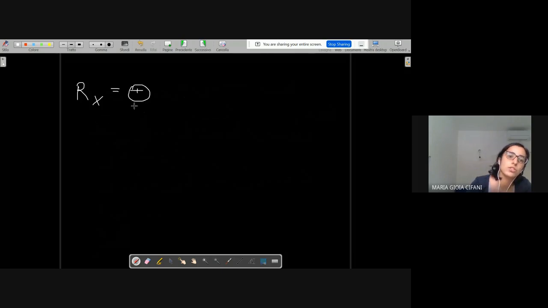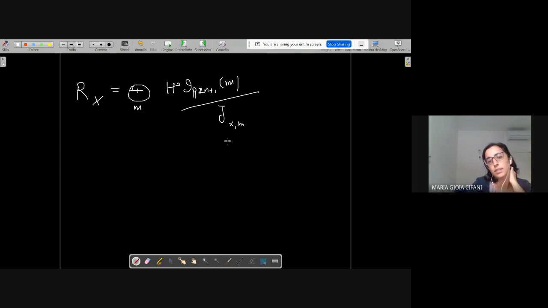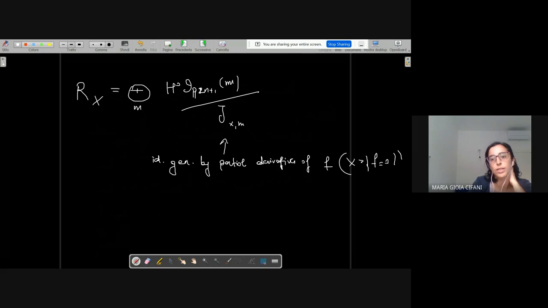It is just what you expect: the polynomial ring in 2n+1 variables, modulo the Jacobian ideal, degree by degree, that is, the ideal generated by the partial derivatives of f, where X is defined by the equation f.